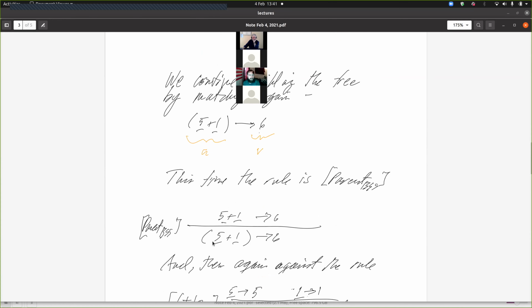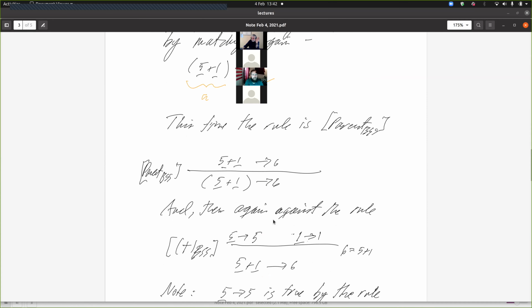By the paren rule, the numeral 5 plus 1 in parentheses evaluates to 6 if the numeral 5 added to the numeral 1 evaluates to 6.